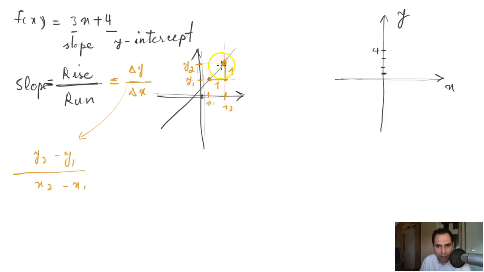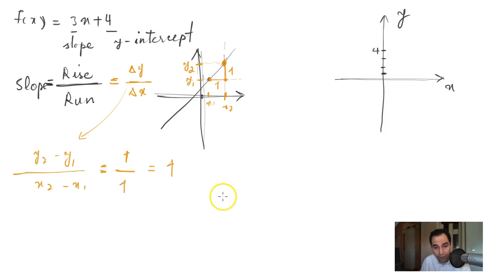So that basically means that to get from this point to this point, you have to do 1 unit run in the positive x direction, and then 1 unit rise in the positive y direction. And so y2 minus y1 here becomes this point minus this point, and the difference is 1 unit. And the difference between x1 and x2 here is again 1 unit, and so this becomes 1. So the slope of this line is equal to 1.